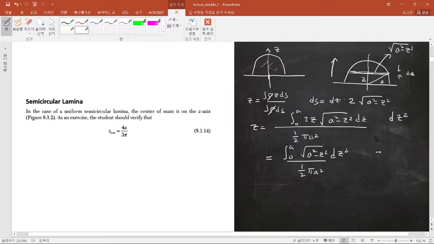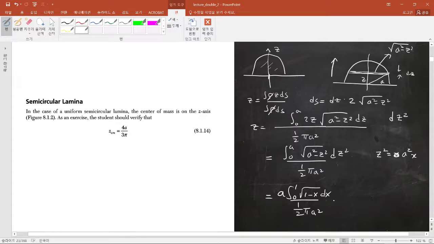so if you take z squared as a squared x, then this integral becomes 1/2 pi a squared over, when z is equal to 0, x is 0, and when z is equal to a, x is equal to 1, so from 0 to 1, the square root, this one is a, pulled out, and 1 minus x dx.